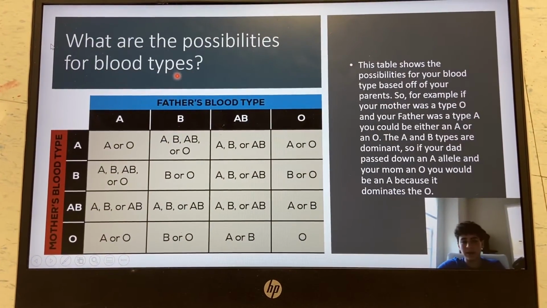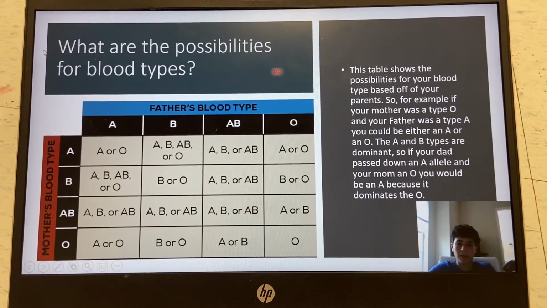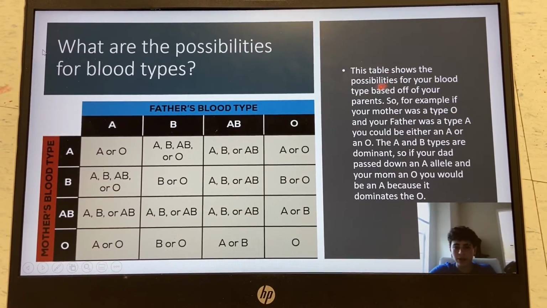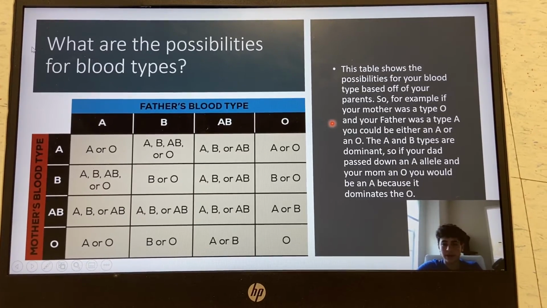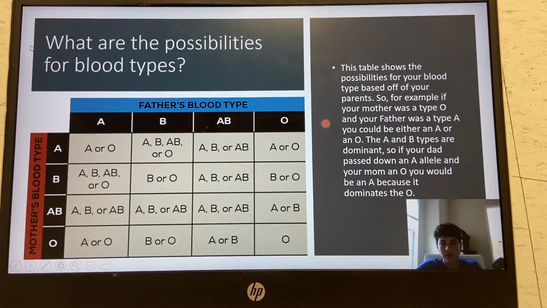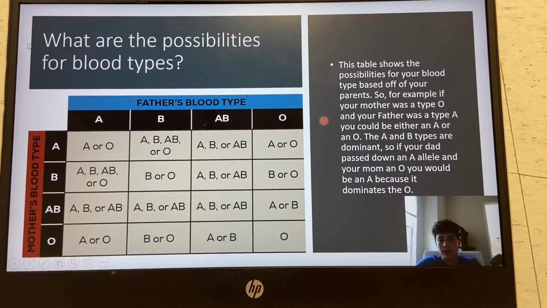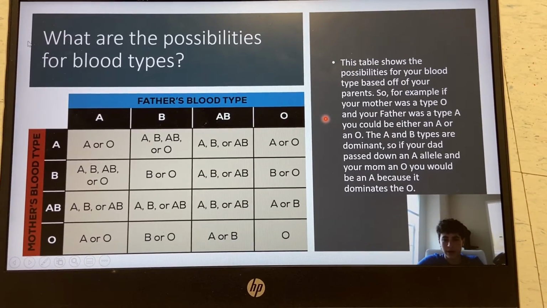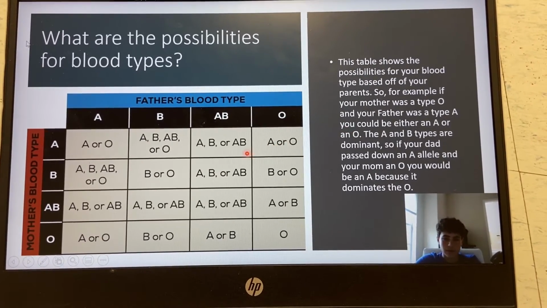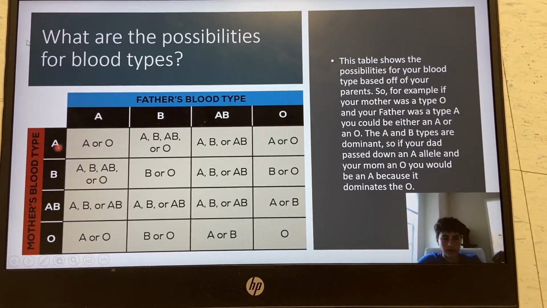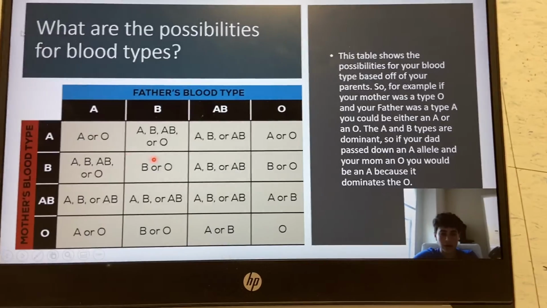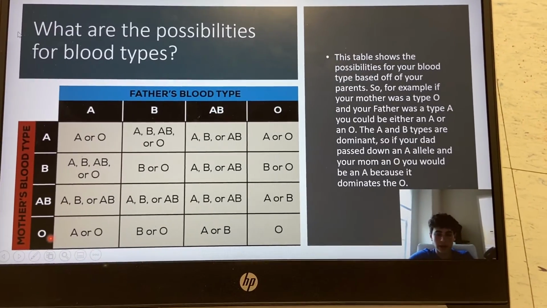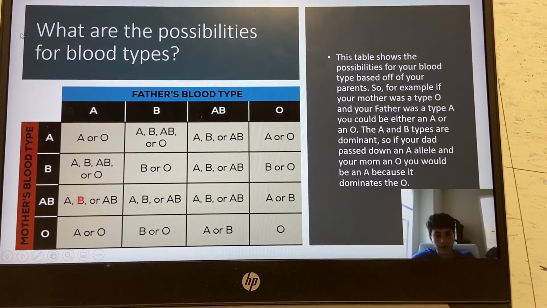So what are the possibilities for blood types? This table shows the possibility for your blood type based off of your parents. For example, if your mother was a type O and your father was a type A, you could be either an A or an O, as you can see right here. Your mother was a type O, which would be down here, and your father was a type A, which would be up here.